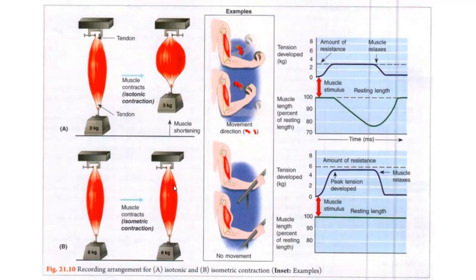So the contractile component is equal to the parallel and the series elastic component. So there is no distance traveled. So they are neutralizing each other in an isometric contraction. This happens when you're standing upright. Postural muscles, this is what happens naturally.